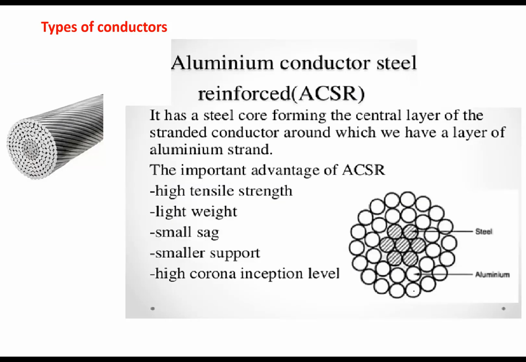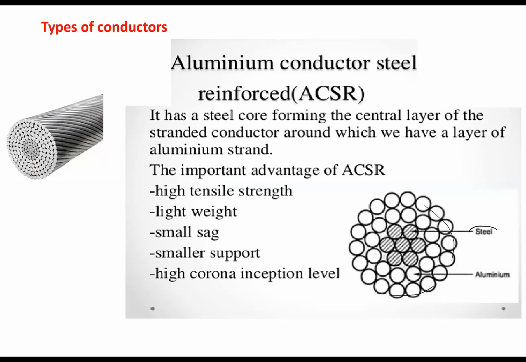Next type is ACSR, aluminum conductor, steel reinforced. So here you can see the outer strands are made up of aluminum. Here in this picture, you can see all the outer strands are made up of aluminum, these white portions, and the center strands are made up of steel.